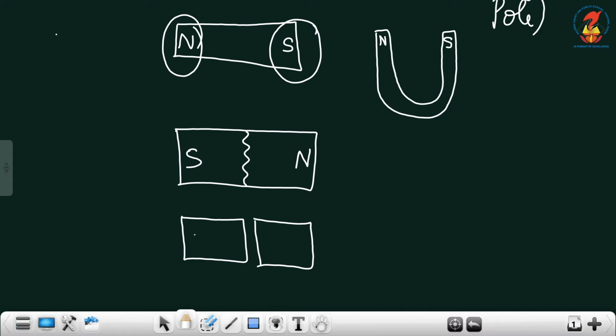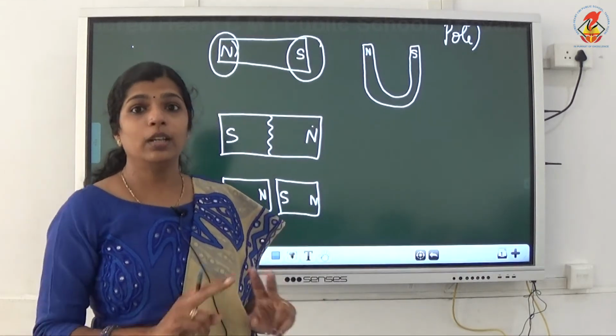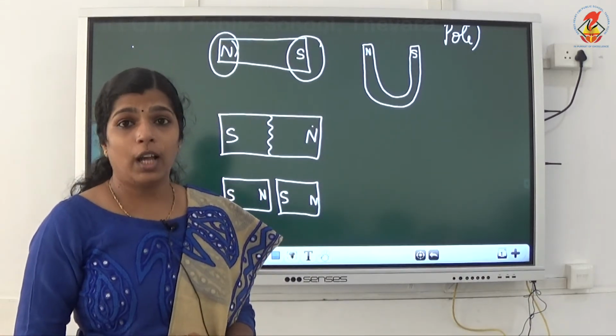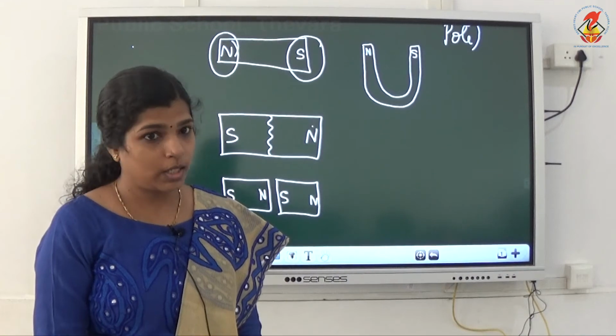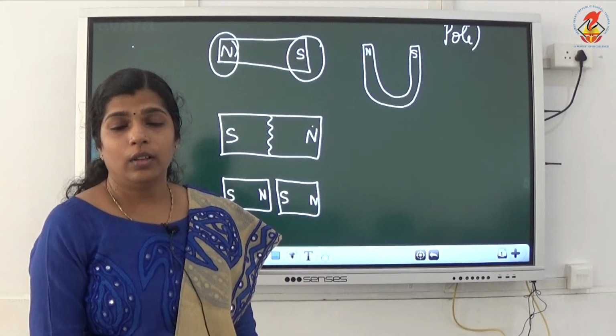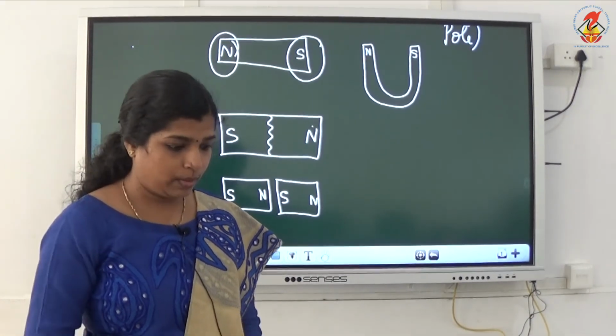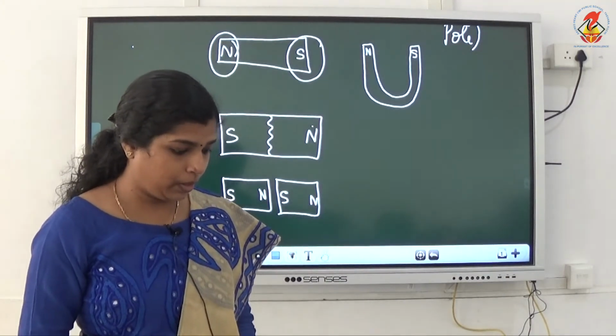This pole is south pole, so obviously the other pole of this piece will be north pole. This pole is north pole, so obviously the other side of this piece will be south pole. When you break one magnet, you will get two magnets. We cannot isolate north pole and south pole. Poles exist in pairs.